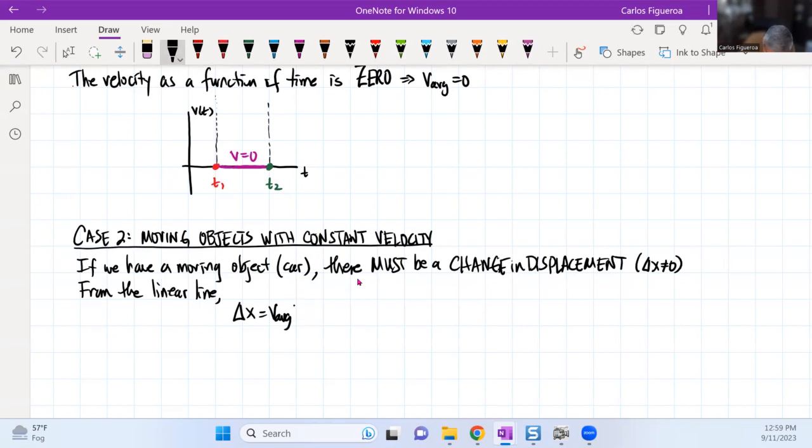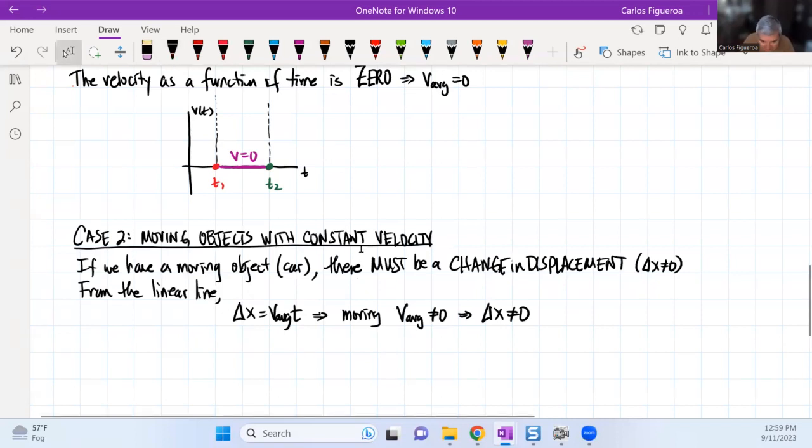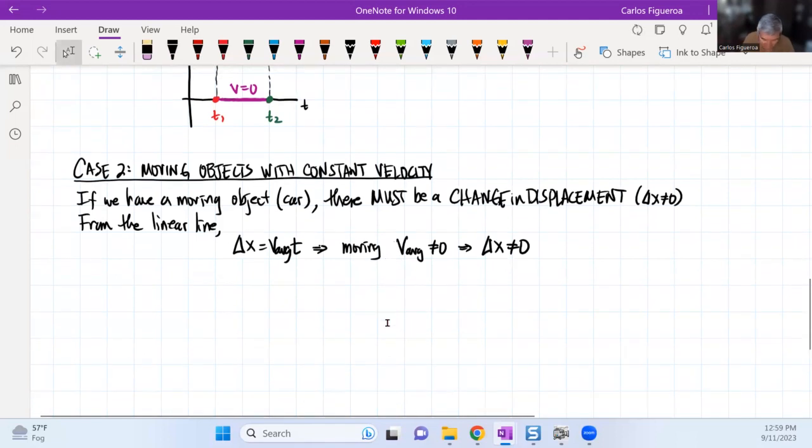I should keep it as t because that's what we said. And so if I'm now moving, then v average is not 0, which then implies that delta x cannot be 0. So there has to be a change in position. So that's one way of looking at it from the line here.